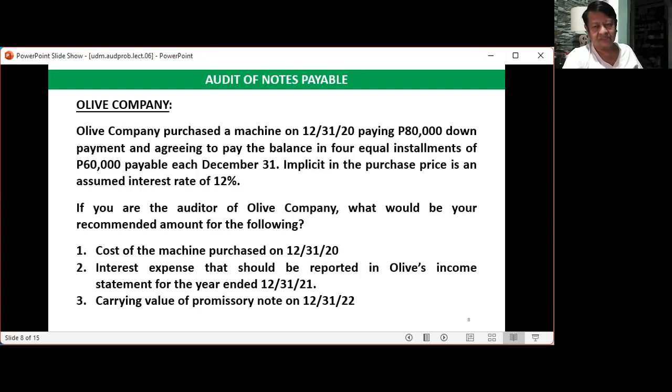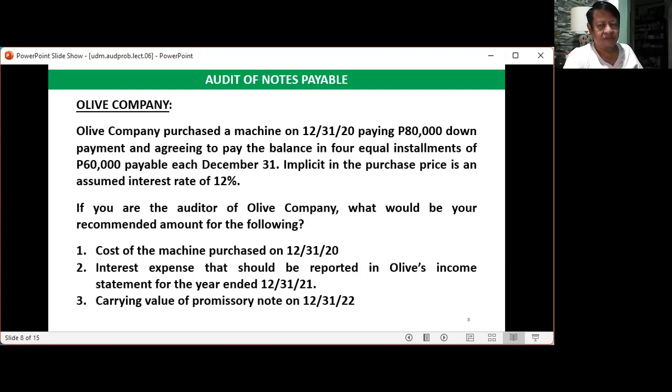What can you notice about the problem? So the cost of the machine again is not given. We will compute for the cost of the machine using the present value factor. So the present value factor again is not given.